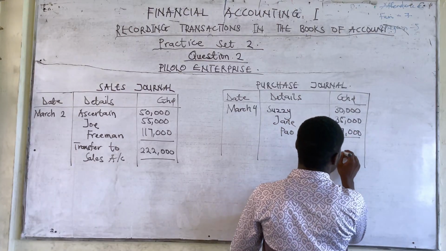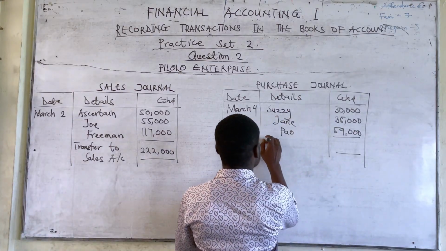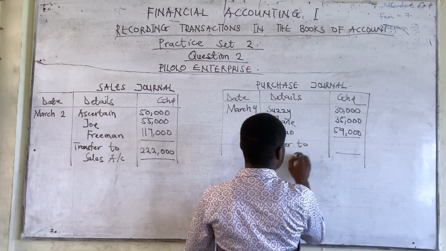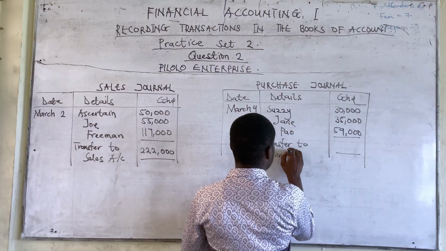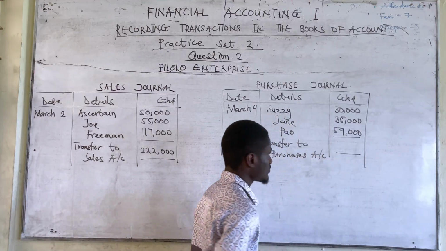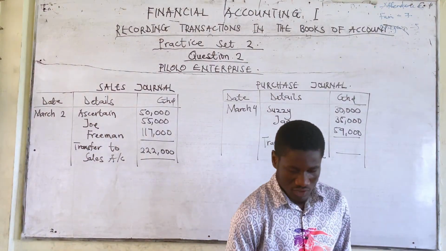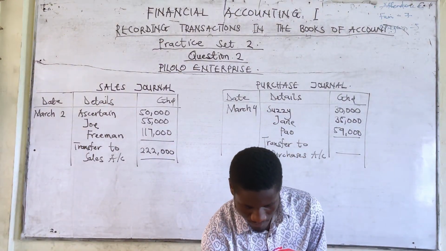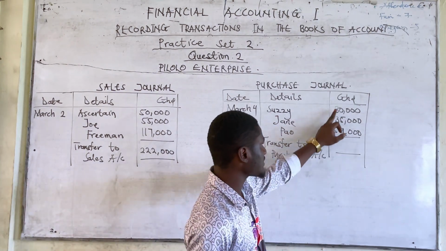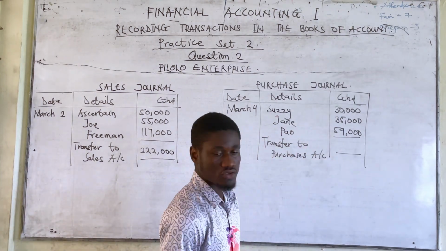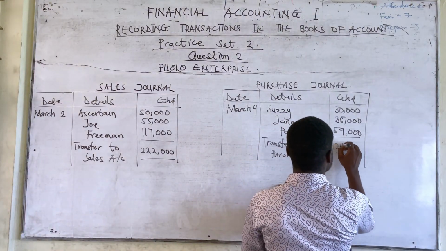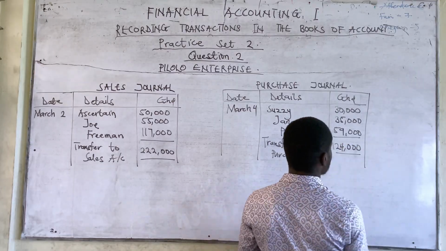Good. So the total is going to be transferred to the purchases account. We are having a total of 124,000 as the credit purchases.